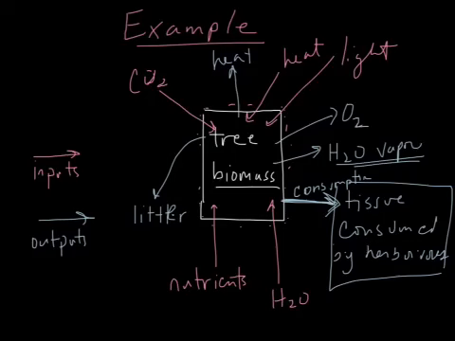And so that would be how you use the process labels. And there's a lot more processes here that you would also include. The leaving of the H2O, that's evapotranspiration. And the light and the CO2, all collectively, those would be photosynthesis, and other things like that.